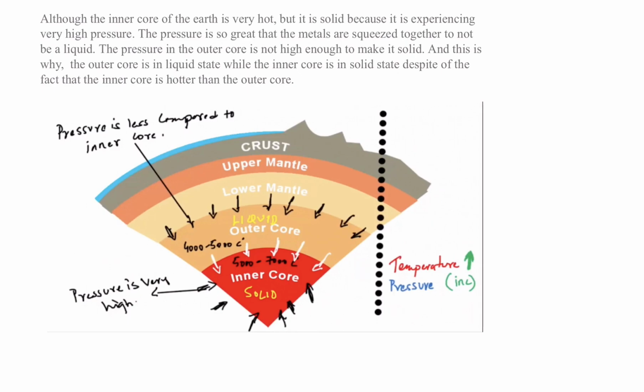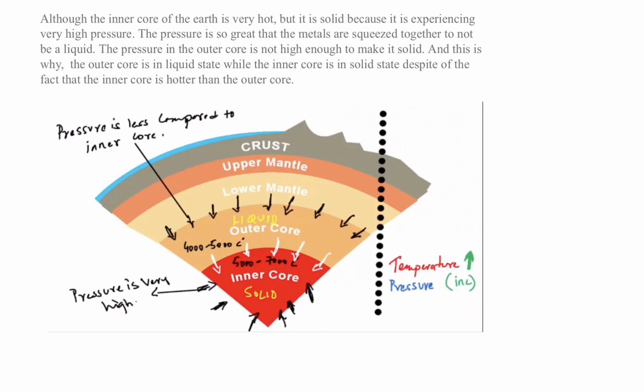See this diagram. This black dotted line shows that temperature and pressure is increasing inwards, and these arrow lines are showing the pressure exerted on the outer core and inner core, and clearly it's written here that in the outer core the temperature is up to 4 to 5000 degrees Celsius, and in inner core the temperature is 5 to 7000 degree Celsius.